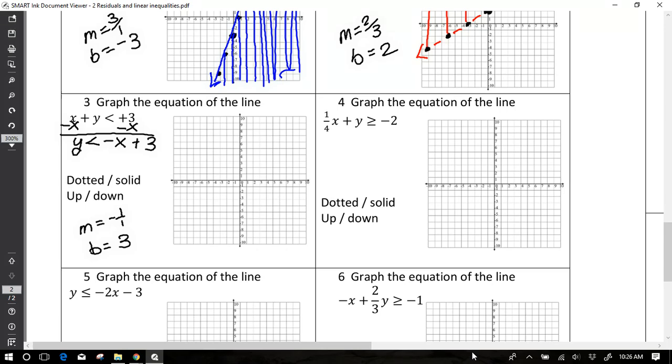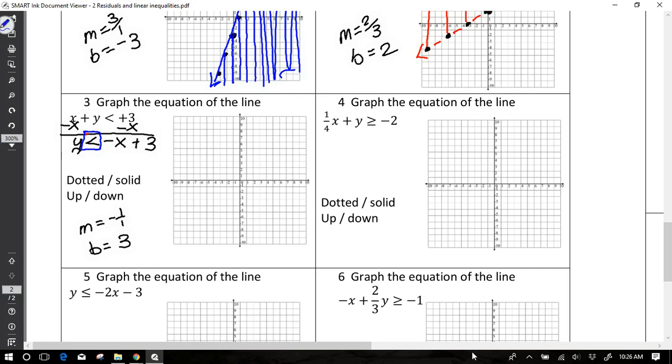And then let's see, there's no line underneath. So this is going to be a dotted line, and it is facing the left, which means it's less than. Whoops, I circled the wrong one. So I will be shading down.